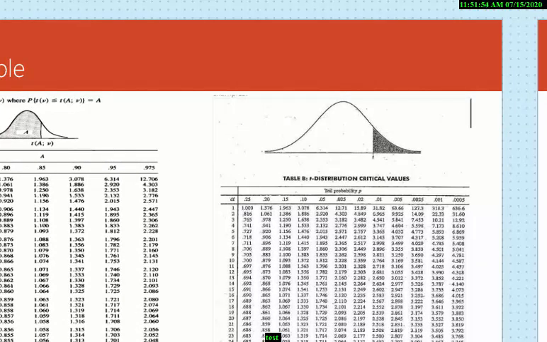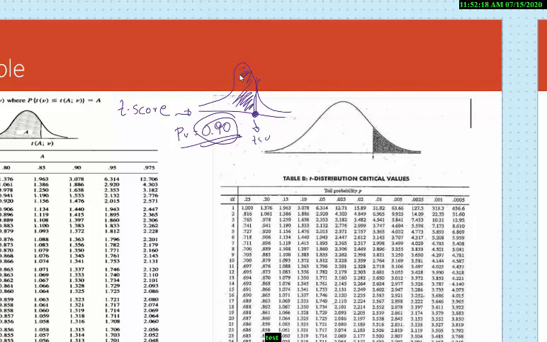So assume that you want to find the T-score that corresponds to a probability equal to 0.90. The curve will look like this. I want to find this point, the t-score, where 90% of the entire t-curve is to the left of it, the CDF for the t-score.